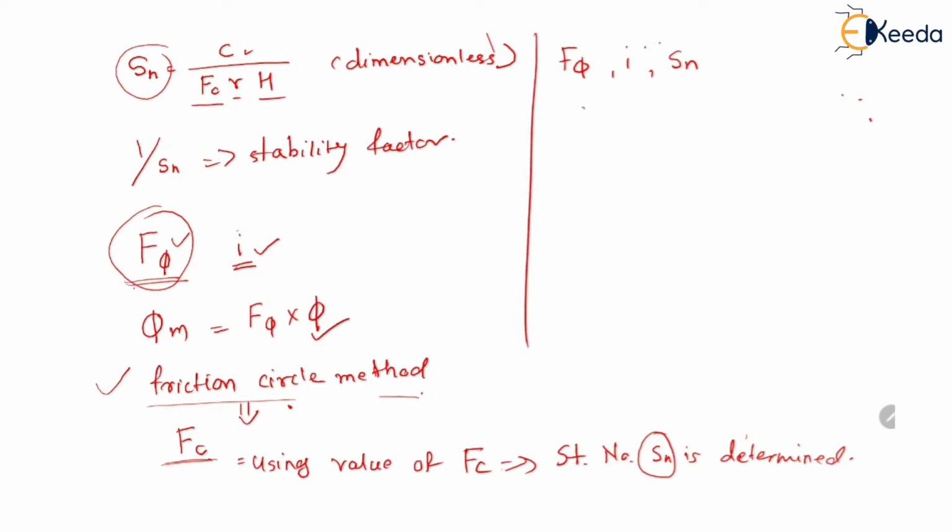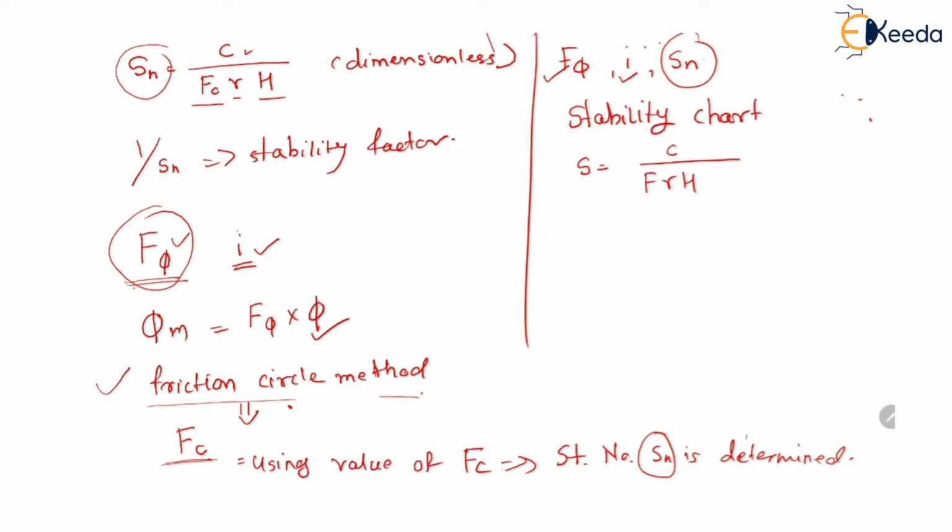This chart is called the stability chart. If we know the value of F phi and the value of i, then using this chart we can directly obtain the value of Sn. Now Sn is equal to C upon Fc gamma h.